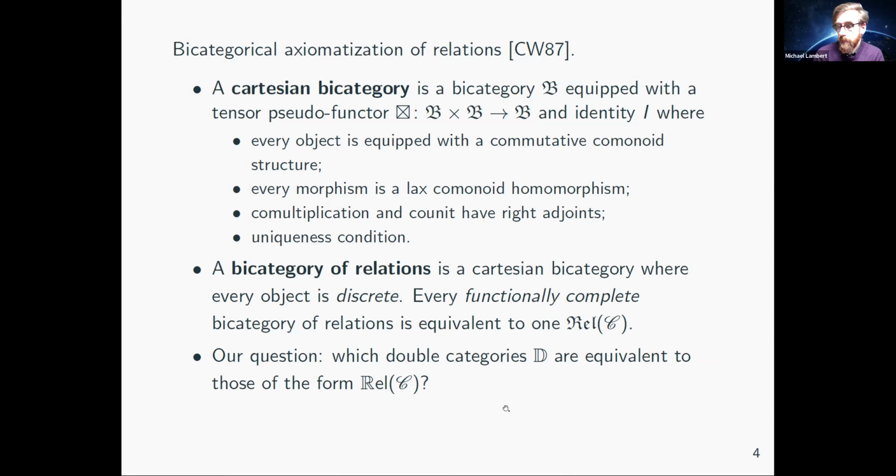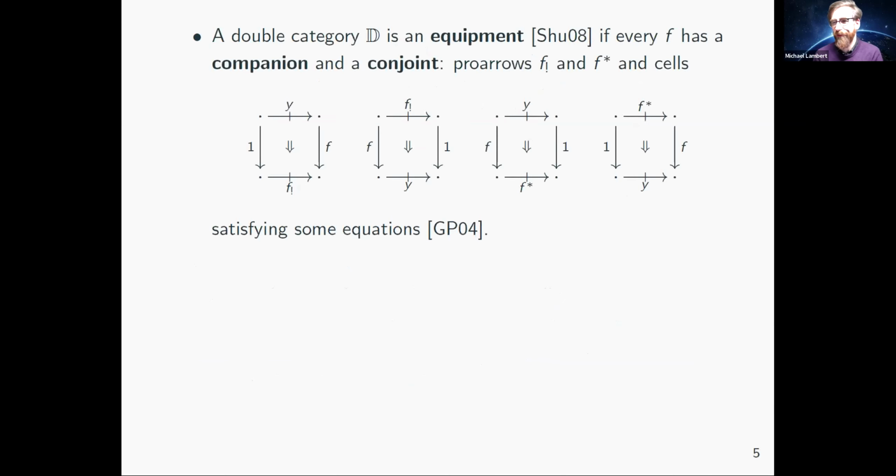So I want to try to do the same thing for double categories, but only for certain kinds of double categories, because we need something to work with. I'm not going to say every double category is an equipment, but I really like equipments, so I tend to assume that a generic double category is an equipment.